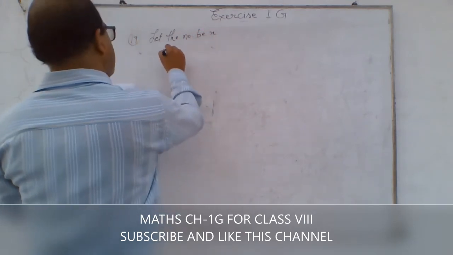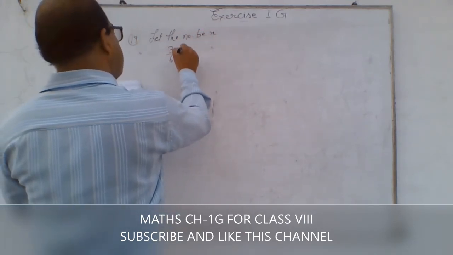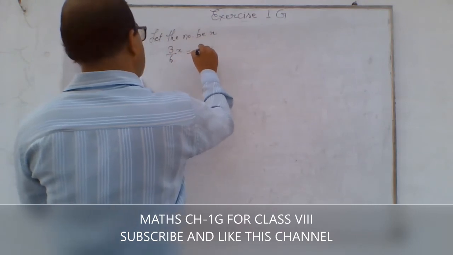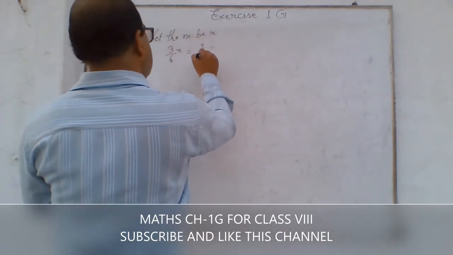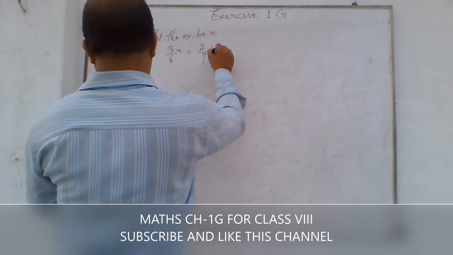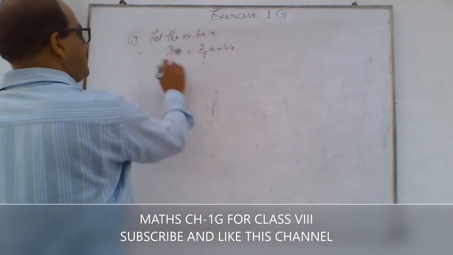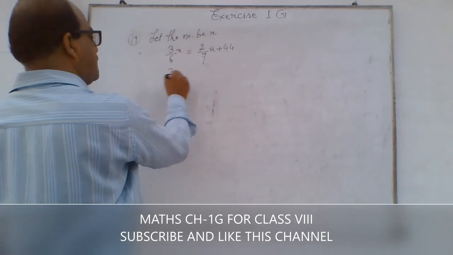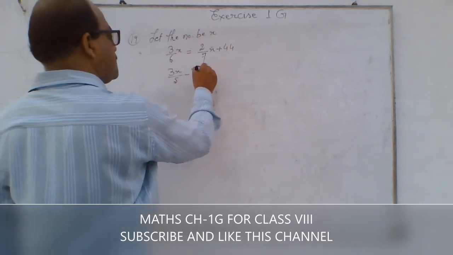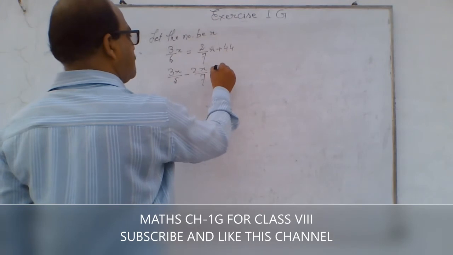So 3 by 5, it means 3x by 5 is equal to 44 plus 2x by 7. Here, transposing, 3x by 5 minus 2x by 7 we will get 44.